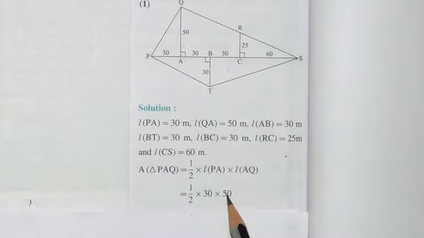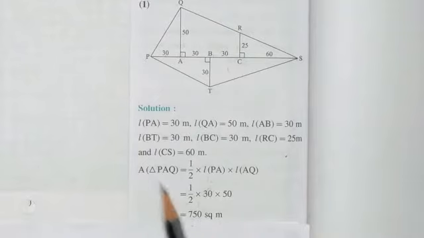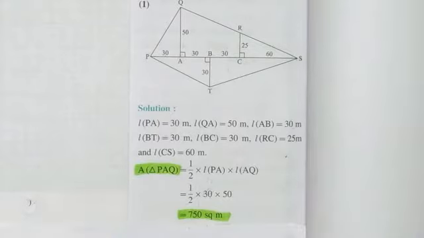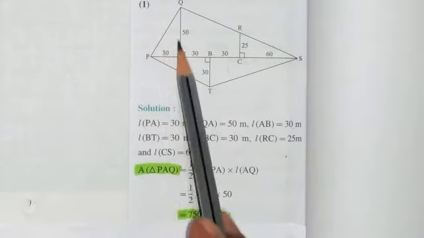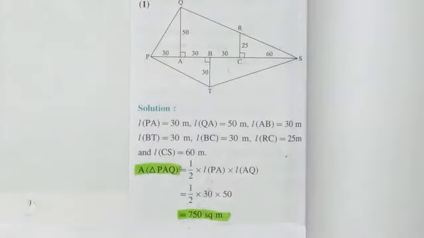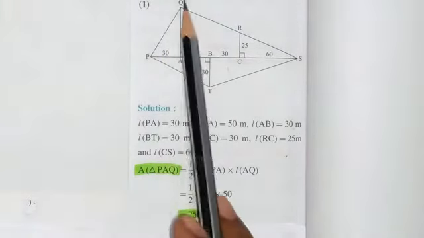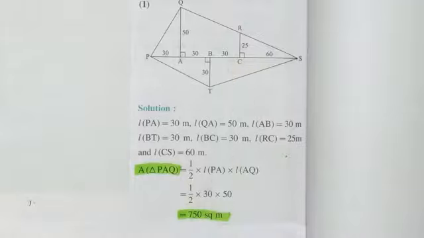So that we have to write. If we do the calculation, 2 ones are 2, 2 ones are 2, 2 fives are 10. So 15 into 50, the answer will be 750. As it is an area, that's why we have written square meter. So this is the answer of the first triangle, the first part of the whole plot. Okay, now let's move towards the middle quadrilateral.